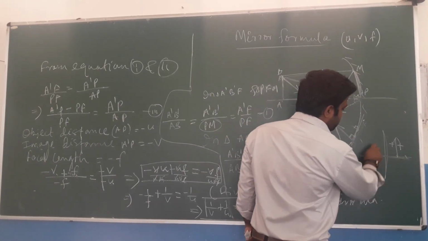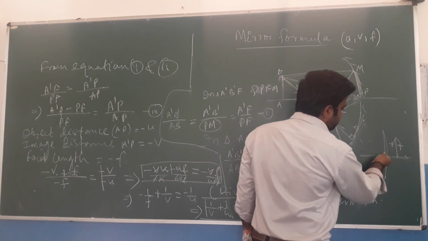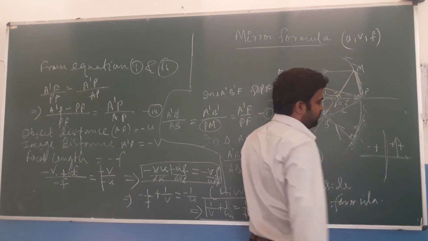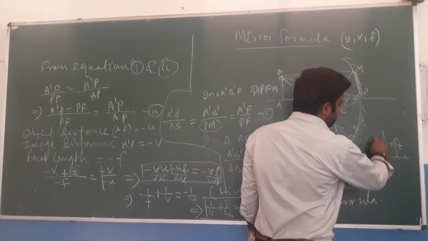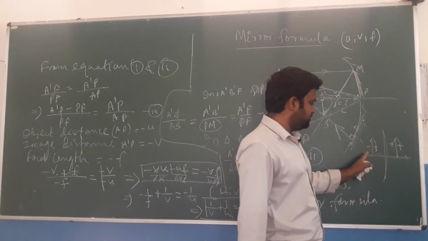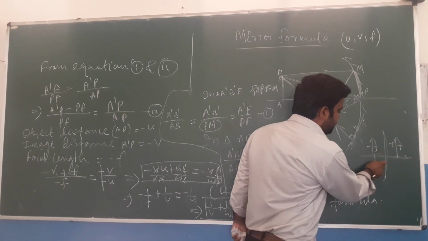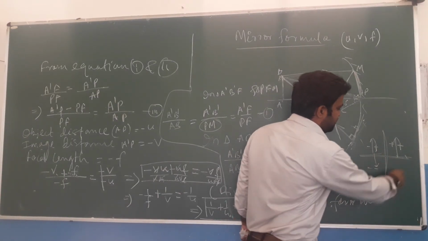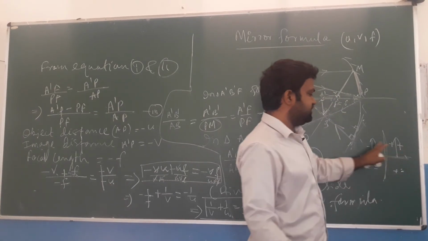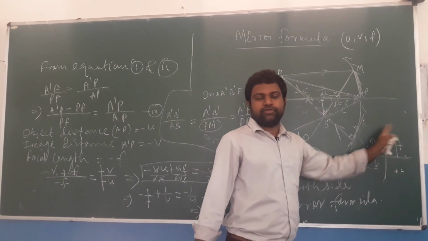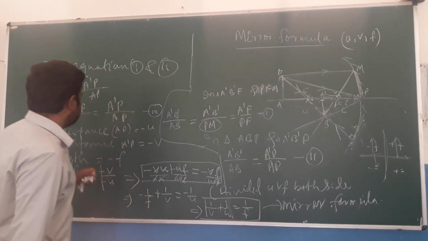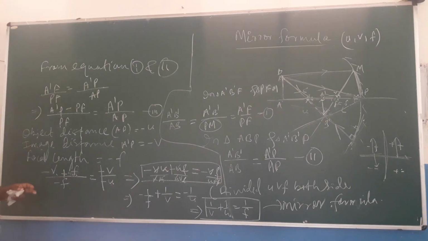If everything is on the left side, x is negative, so minus, and y will be positive if the height is positive. But for u, v, f, if things are on the axis, it will be negative. Down the axis it will be minus. So first quadrant, second quadrant, third quadrant and fourth quadrant, you know how to use the Cartesian sign convention.